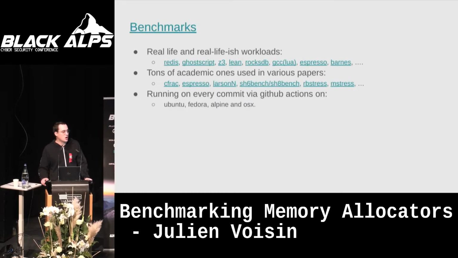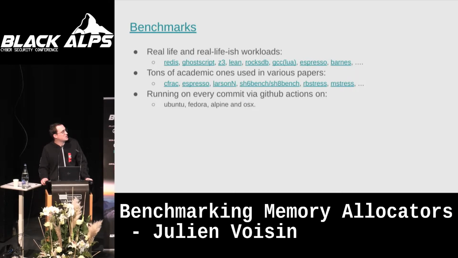Benchmarks. How do you benchmark memory allocators? So there are real life ones and real life-ish ones, like Redis, the key-value database. A lot of websites are using those, so I think it's kind of relevant. GhostScript, which is remote code execution as a service that somehow managed to display PDFs sometimes. There is Z3, the solver from Microsoft. Lean, which is a theorem prover.